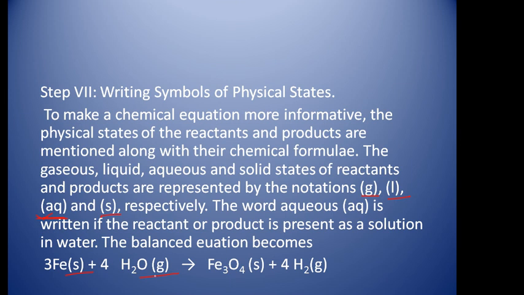But now if you see this, if you want to try this chemical reaction in your laboratory, you will not use liquid water, rather you will use steam. So if you write this physical state, this will give you a proper idea about that chemical reaction. Fe3O4 is in solid state, and hydrogen of course in gas state.